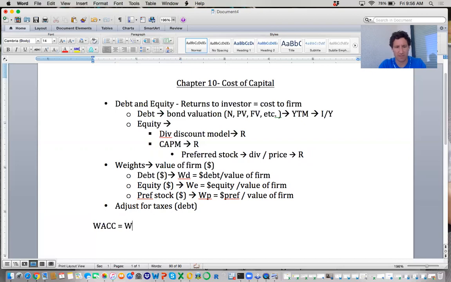So you have the weight of equity times cost of equity.